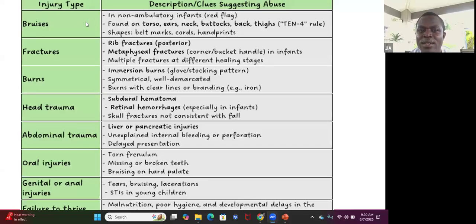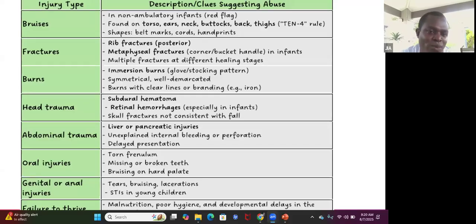Let's say an infant who hasn't even started walking is brought to the hospital, and we find bruises around the torso or other parts. How can this happen in someone who hasn't even started walking? That is one clue, a red flag, to suspect abuse.